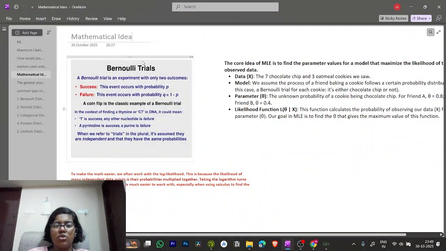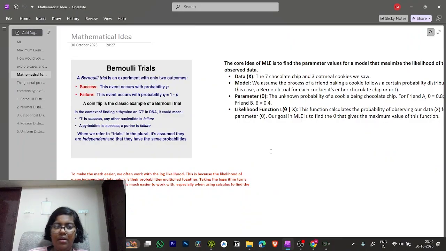So the mathematical idea. Firstly, to understand the Bernoulli trial: a Bernoulli trial is an experiment which can only have two outcomes. It is like tossing a coin. On a good day, let's say there's no rain or issues with the match, there are only two things that could happen.